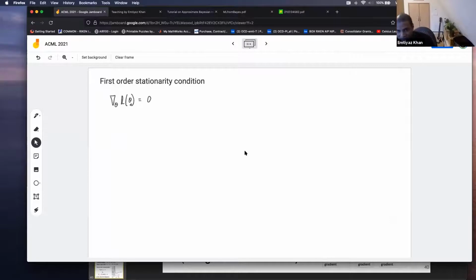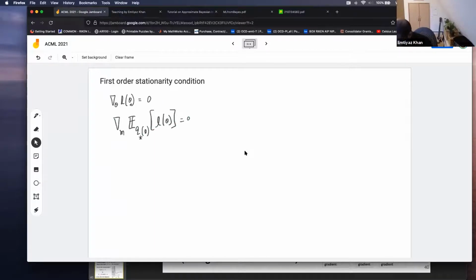Okay, so the first order stationarity condition is that, but the Bayesian stationarity condition gives you the gradient with respect to m of the expectation under q star of theta of the loss of theta equals 0. So you can think of the loss.